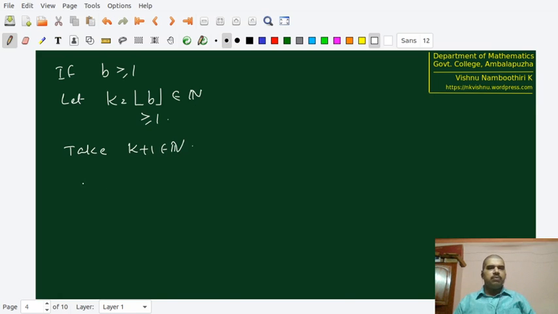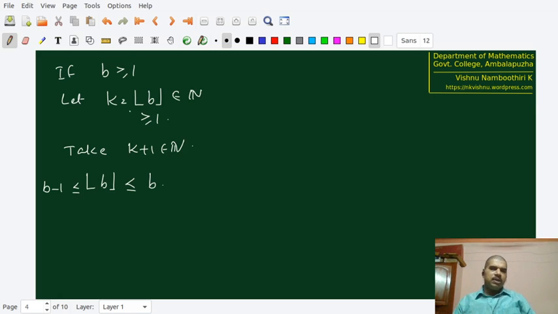So we know that the floor of b has to lie between b minus 1 and b. It cannot exceed b. If b itself is an integer, the floor is exactly b, and otherwise it is less than b.